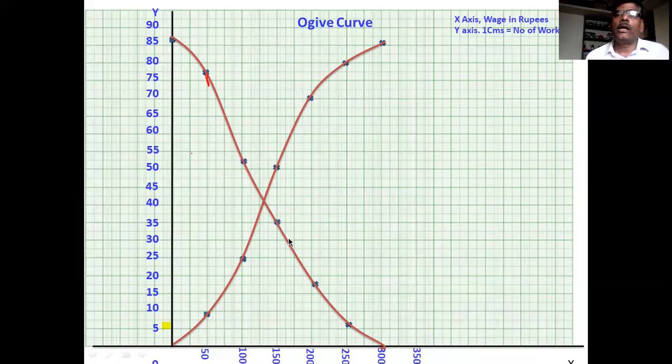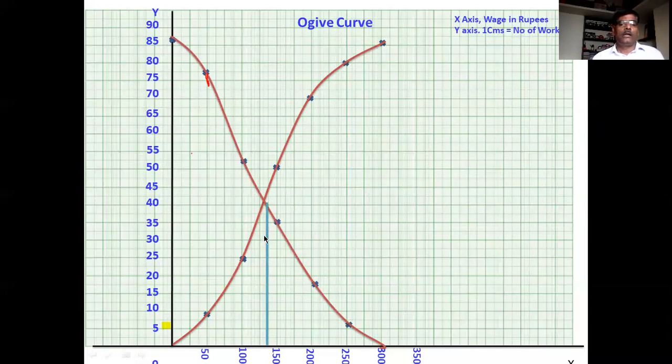If you want to calculate the median, you draw one perpendicular line from the point of intersection of these two lines, which will touch the x-axis. You see here, from this point, I'll draw one line.